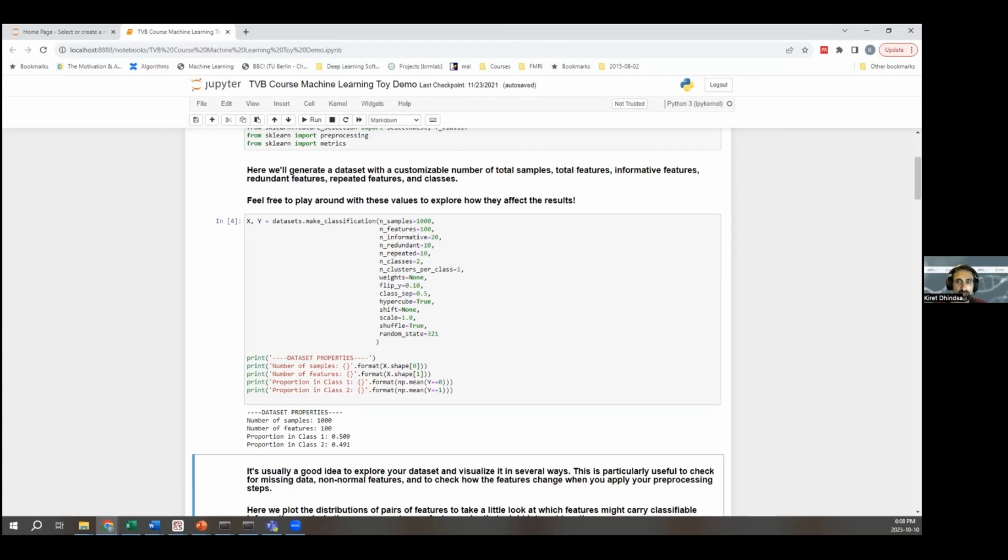The inputs of make_classification can all be considered hyperparameters. Not quite, because these are parameters of the data set itself, whereas hyperparameters are properties of the model or the algorithm. Another way to think about this, which maybe makes it more intuitive, is we can think of the model in a machine learning context as the solution that the support vector machine arrives at, and the support vector machine is the algorithm.